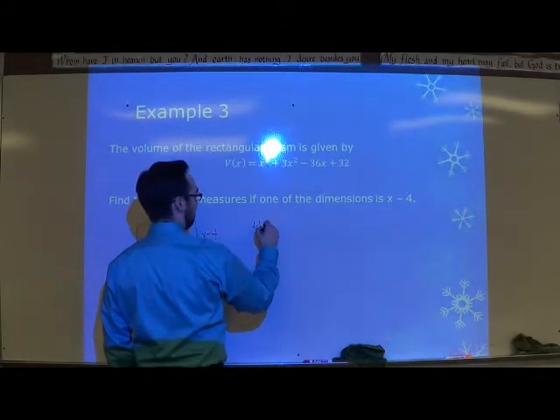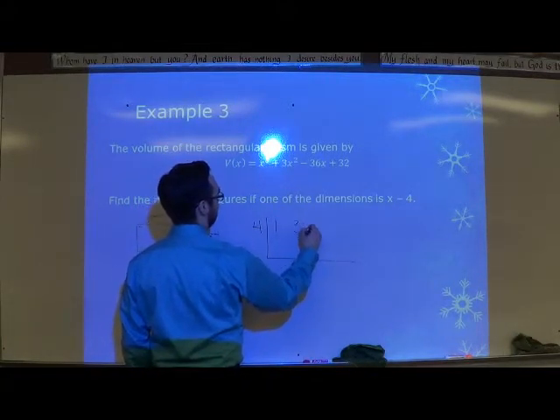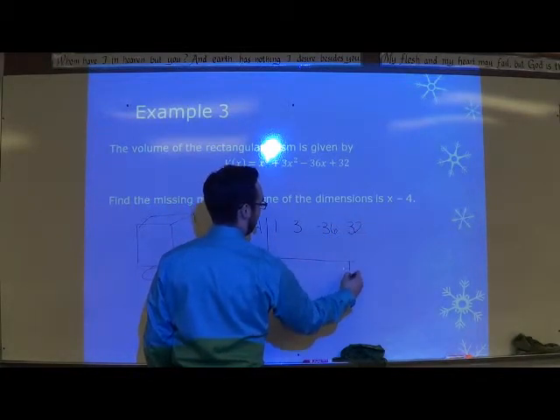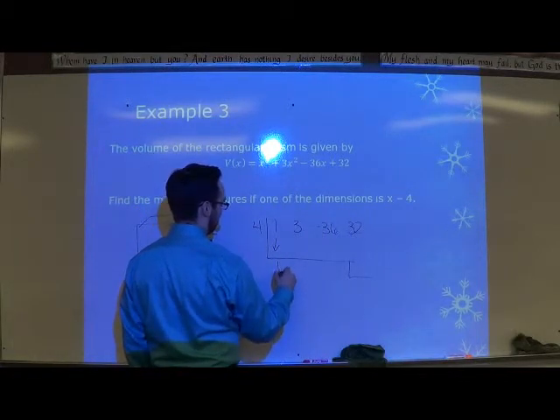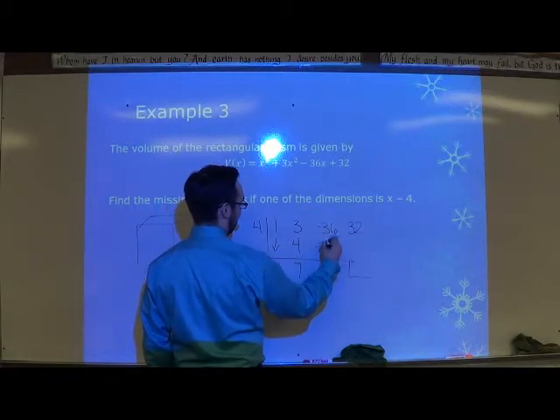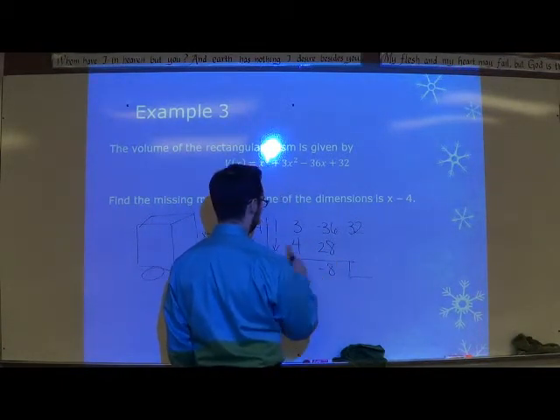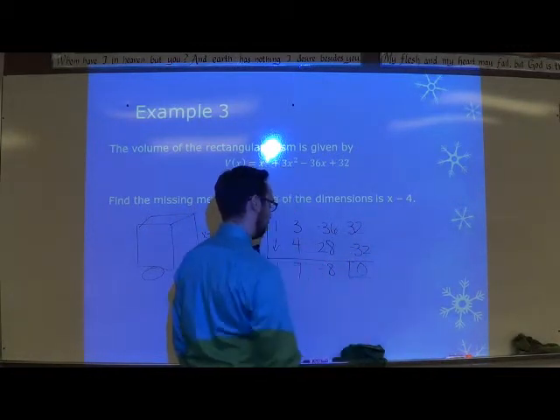So that means I have to divide this by that. So I'm going to say, okay, positive 4 with synthetic substitution, I get 1, 3, negative 36, and 32. Now I should get 0 if I've done this all correctly, because they're telling us that's a dimension. So 1 times 4 is 4, plus 3 is 7, times 4 is 28, plus negative 36, excuse me, negative 8, times 4 is negative 32, and I end up with 0, which is exactly what we wanted.